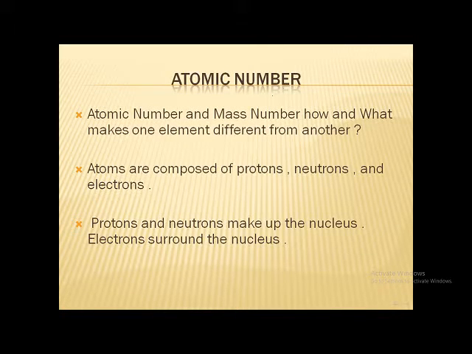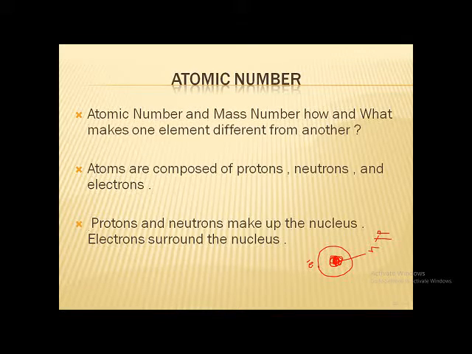Or if you know that the atom consists of, this is an atom, and inside it we have this positive charged nucleus which consists of neutrons and protons. Around this nucleus we have electrons, and these electrons move around it inside this sphere.